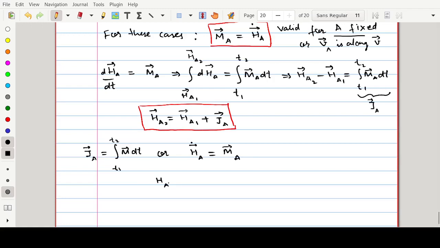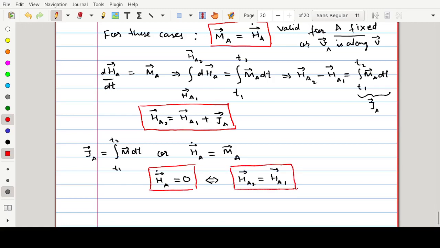We want HA dot to be equal to 0, which is equivalent to HA2 being equal to HA1. So this equation is valid when MA is 0.